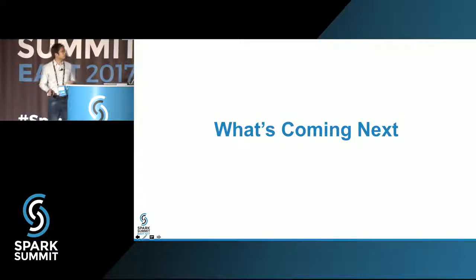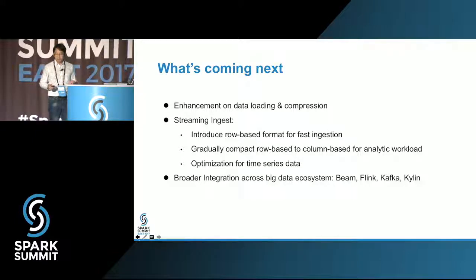So let's see the roadmap. First point we'll do in the future is to further improve the loading and the compression of CarbonData. And secondly, as more and more data comes in a streaming manner, we want to introduce a row-based format to support streaming ingest.